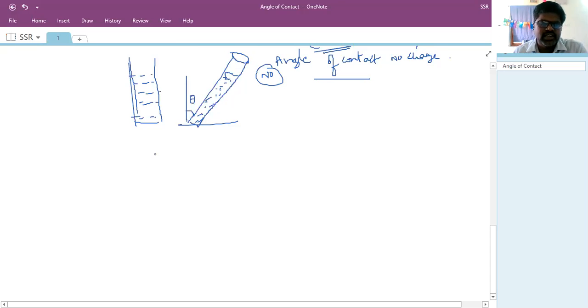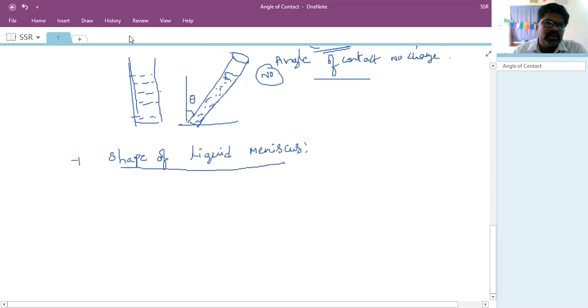The top surface you can call a meniscus; that is the shape of the liquid at the free end. First, let us consider a concave shape, and based on that we will discuss.